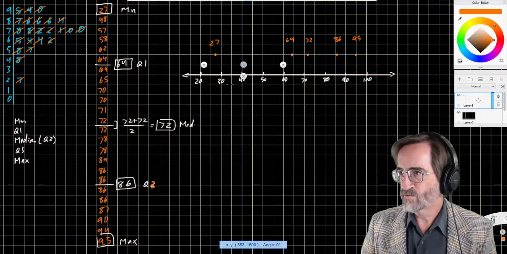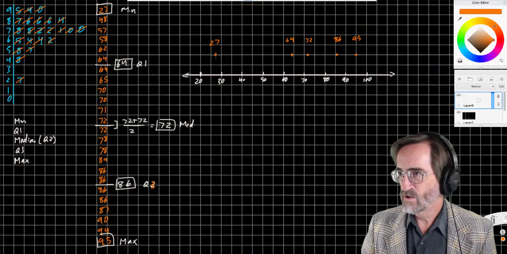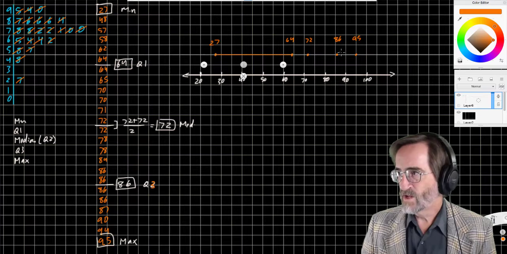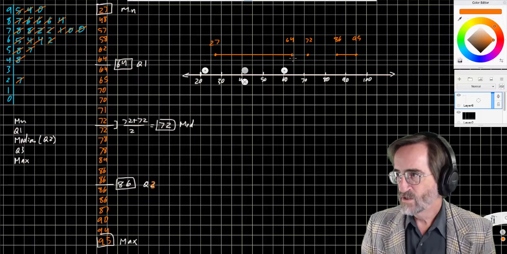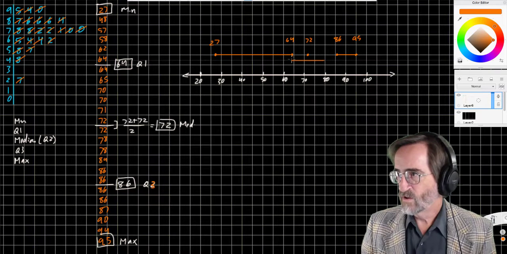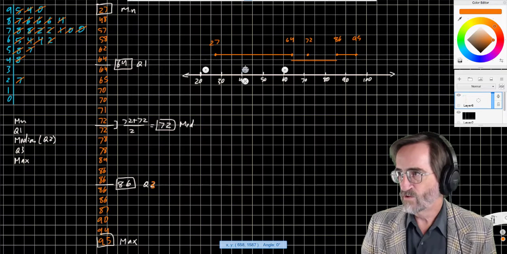And here's how we draw the box and whisker plot. We put the whiskers between the first 2 dots and the last 2 dots. We put the box in the middle, between the first quartile and the third quartile.